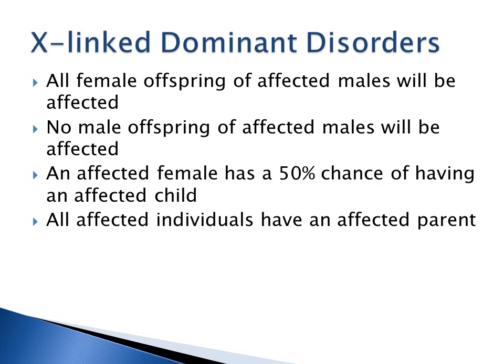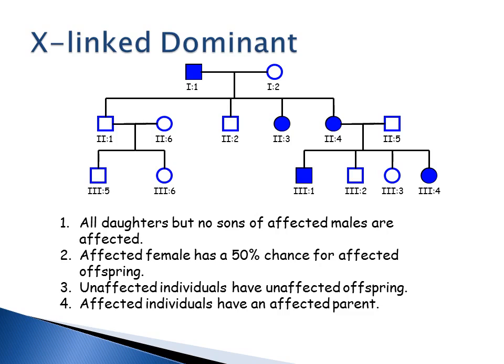In X-linked dominant disorders, all female offspring of affected males are going to be affected. No male offspring of affected males will be affected. An affected female has a 50% chance of having an affected child, and all affected individuals have an affected parent. And here's an example of an X-linked dominant disorder.